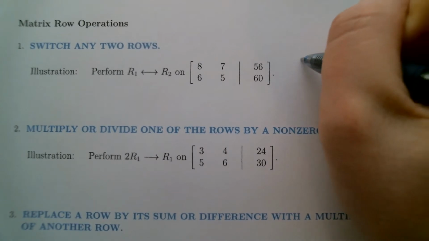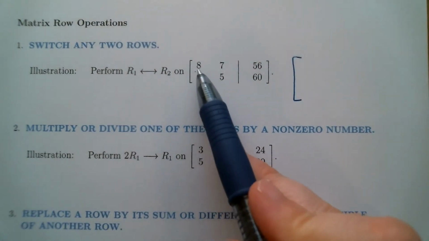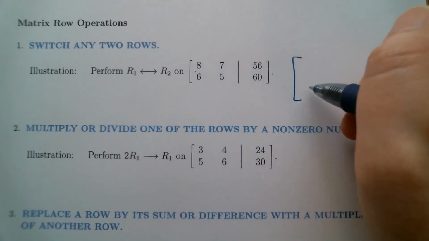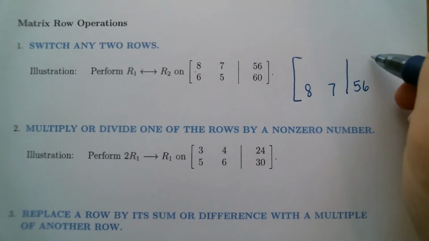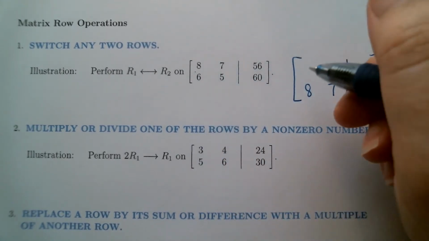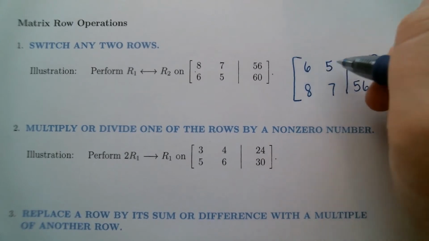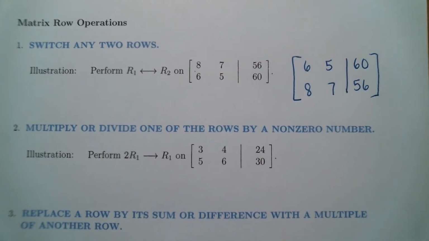So if you perform this row operation, what you would get, the first row, 8, 7, 56, would become the second row. So 8, 7, 56. And then the second row, 6, 5, 60, would become the first row.